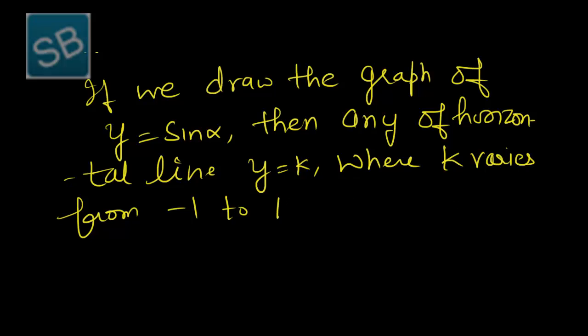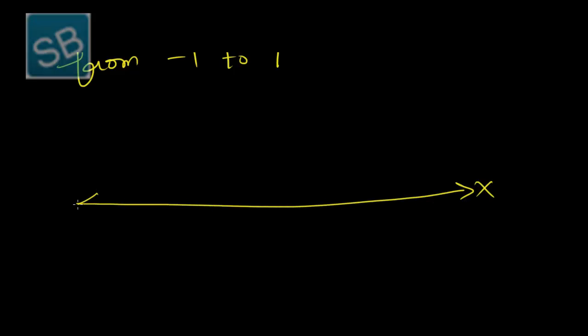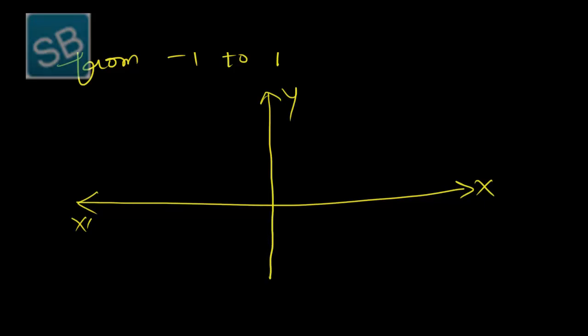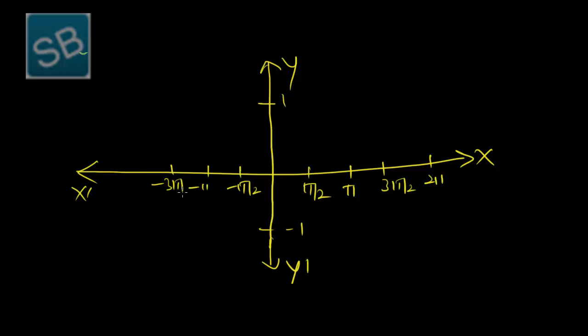That is, we are going to draw the graph of sine. This is the x-axis and this is the y-axis. So if we take here 1 and here -1, and here pi by 2, pi, 3 pi by 2, 2 pi, and here minus pi by 2, minus pi, minus 3 pi by 2, minus 2 pi, then we will draw a straight line.